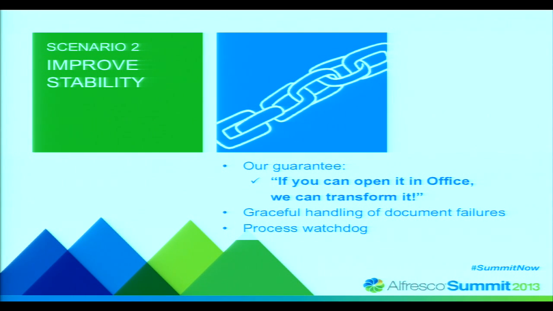Now, I can really tell that at the moment we're at a rate where we almost have no failures. Of course, there's always documents that cannot be opened in Office. I'm thinking of a couple examples. So there's encrypted documents that are password protected.